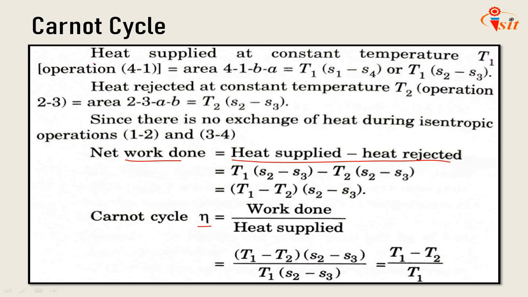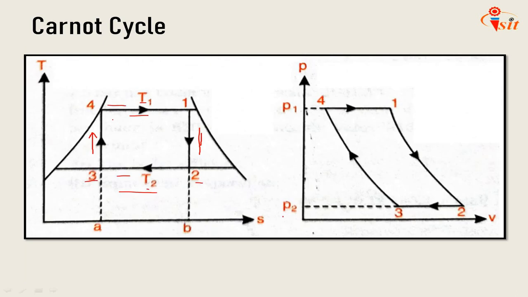So heat supplied at constant temperature T1, that is operation 4 to 1. That is heat absorbed at constant temperature, that is area 4 1 B A. So that will be the area for the heat supplied.